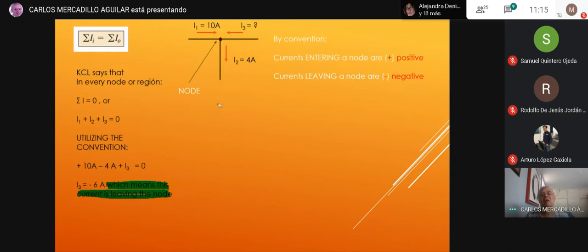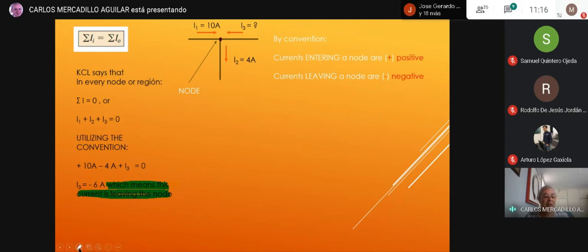Okay. In the beginning, we can put the arrows. If we know that these 10 amperes come into the node, that this I2 is leaving the node, and this I3, we don't know. We just put arbitrarily this direction, but it can be the opposite. Okay?